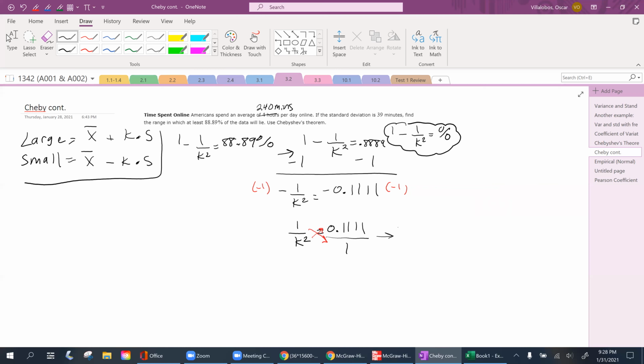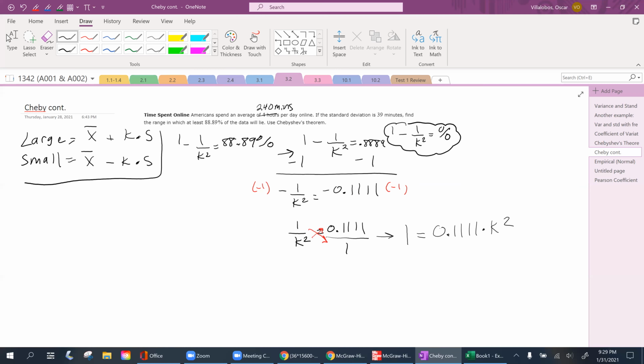So this here is 1 times 1, which is going to give me 1 is equal to 0.1111 times k squared. You're trying to solve for k squared, and this value is being multiplied by the variable, right?